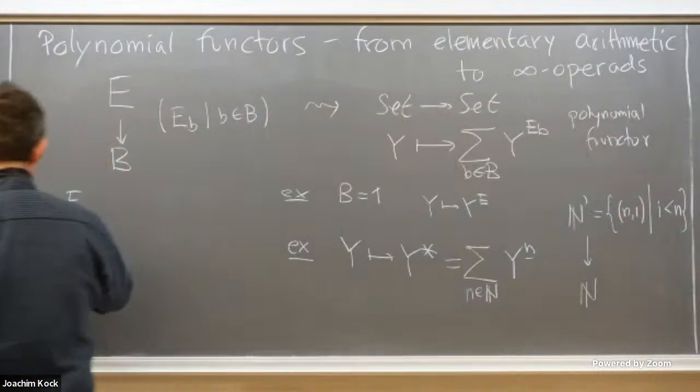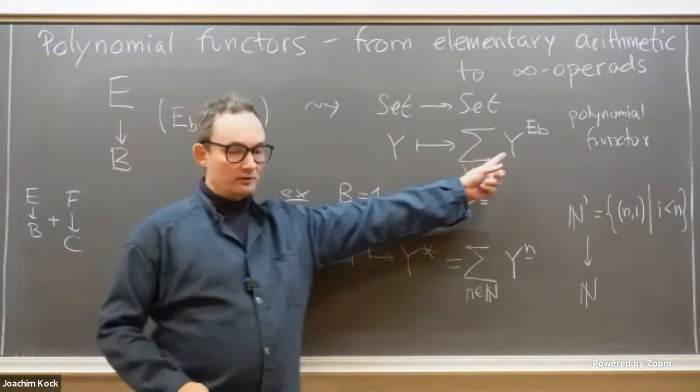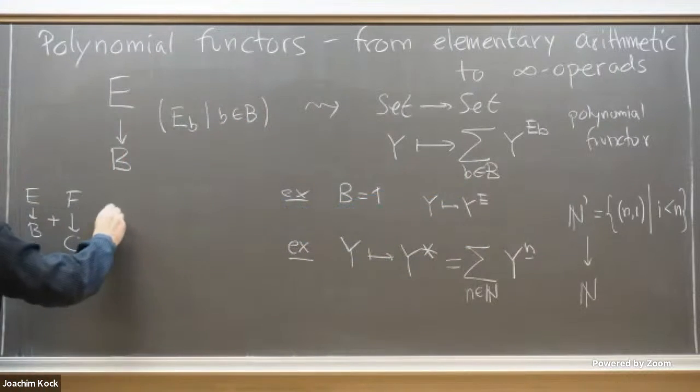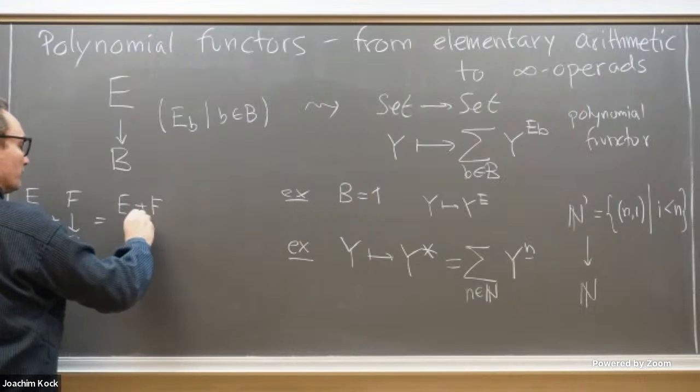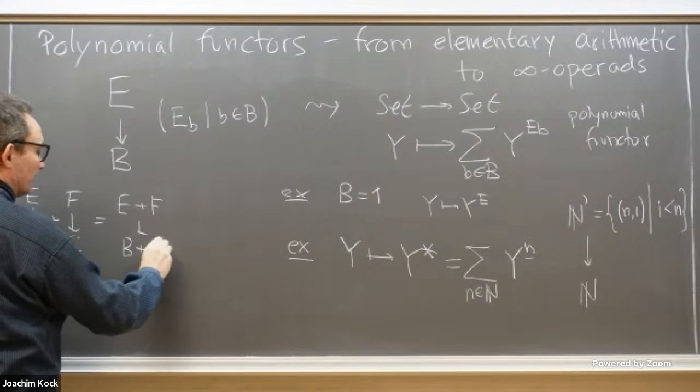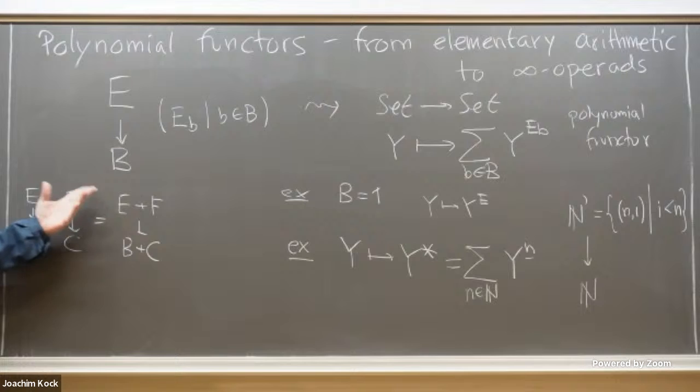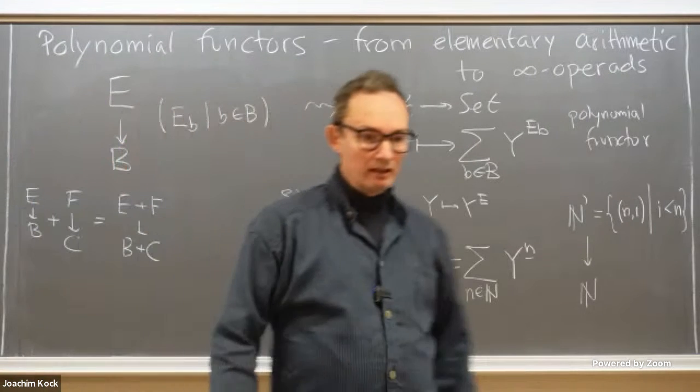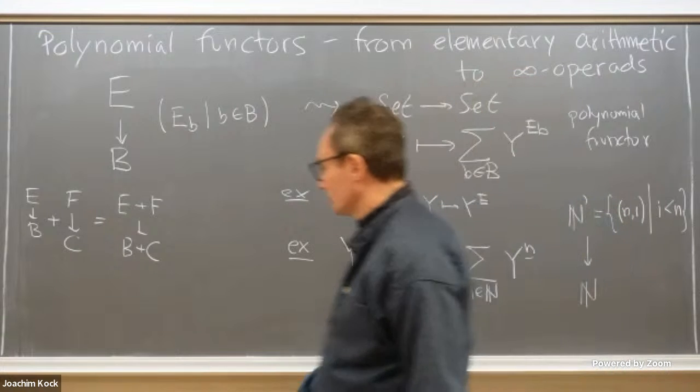You just write out what the sum should be, and then you realize that the sum is obtained just by adding the bases and adding the total spaces. So that's the sum of polynomial functors. Similarly, you can do the product.